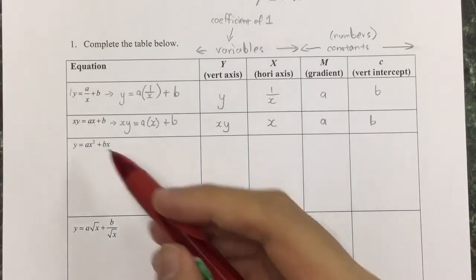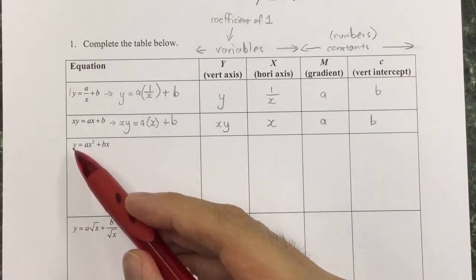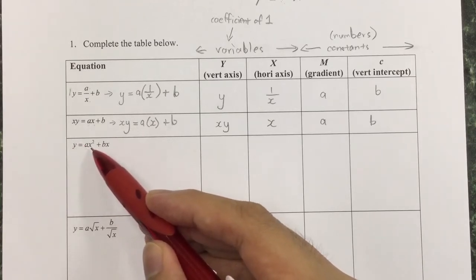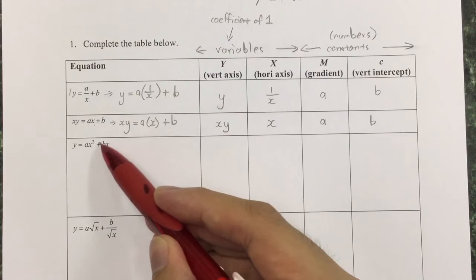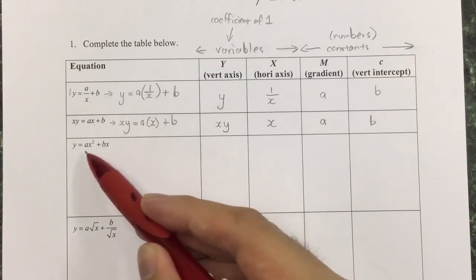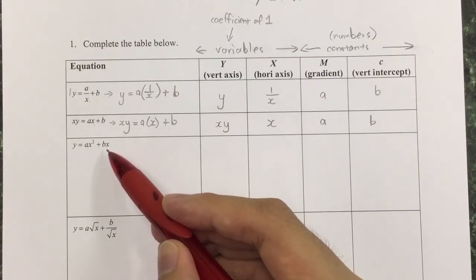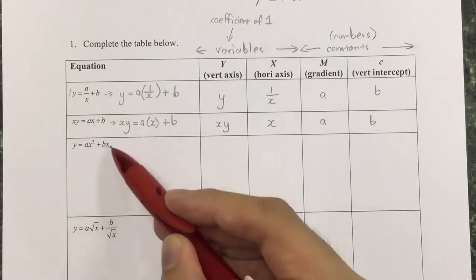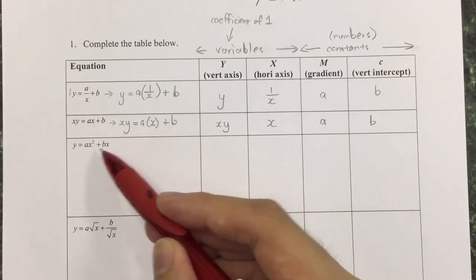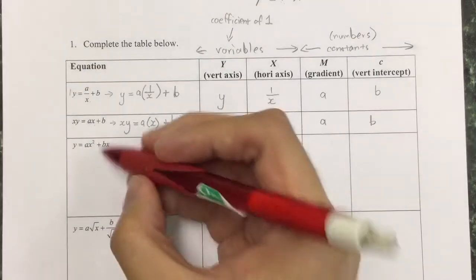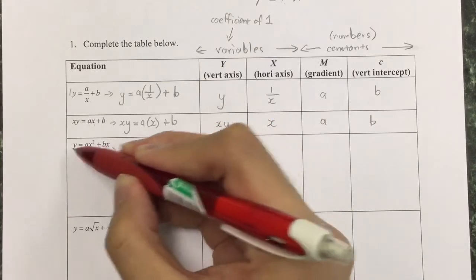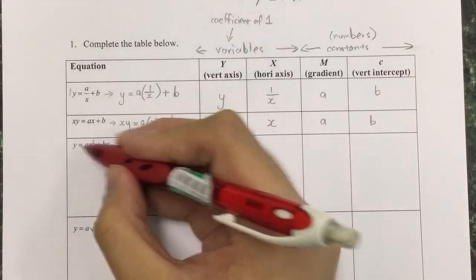Now, if we go on to this one, again check the conditions, coefficient of 1 here, yes. A and x squared, okay, fine. But you see the last term here, or in fact both terms have variables in there. So we can't have that. We've got to change the expression in some way such that I'll at least have one term that has only a constant. So I'm going to divide by x throughout every single term in the equation.